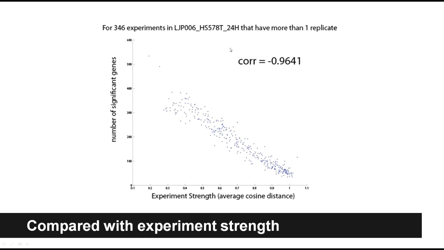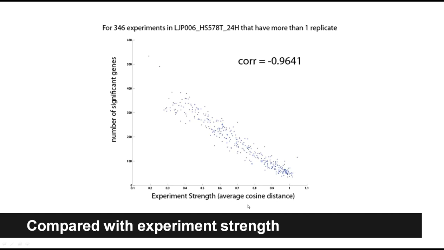So these are some results. These are the 346 experiments in one batch that have more than one replicate. The y-axis is the number of significant genes, and the x-axis is the experimental strength, which is computed using only the landmark genes, and it's the average cosine distance.